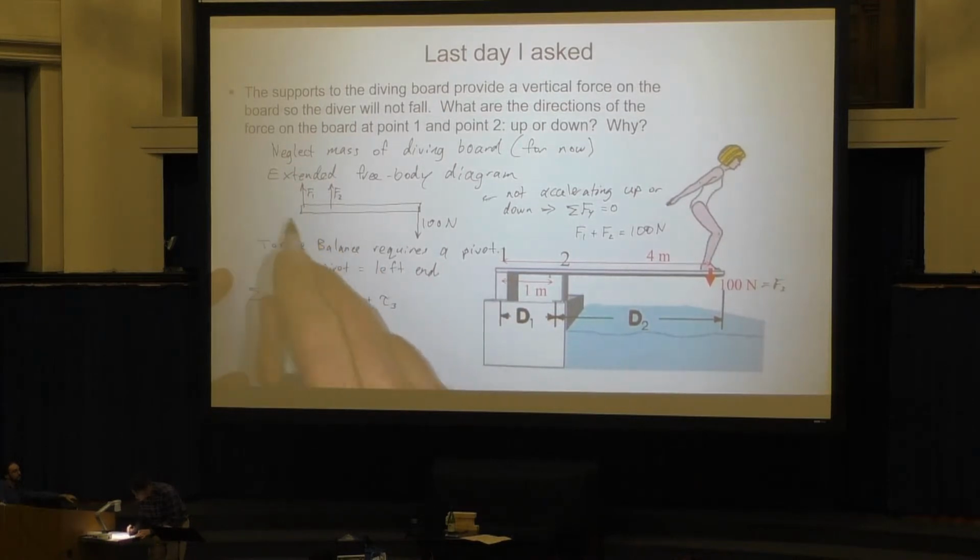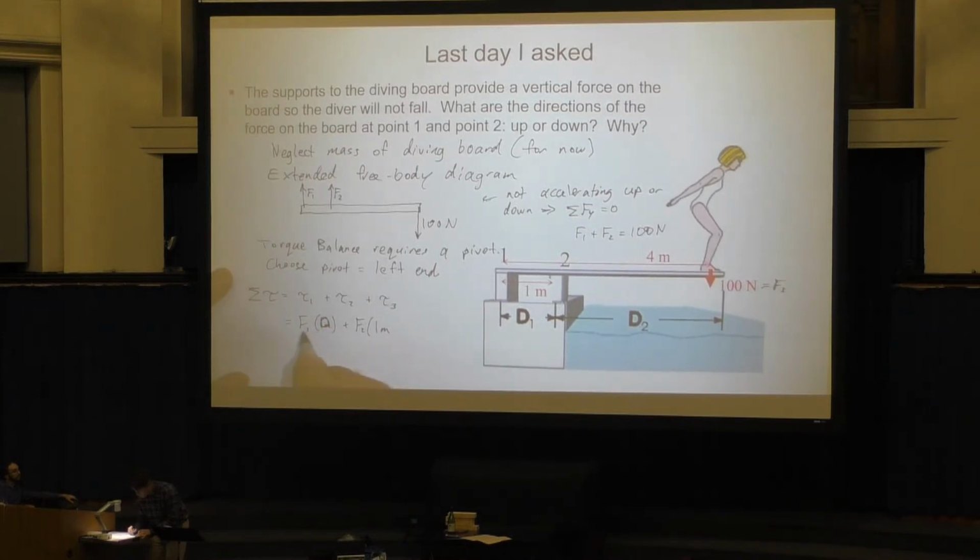So these are going to be counterclockwise, so these will be positive: F1 times 0, that's the distance from F1 to the pivot, plus F2 times 1 meter. 1 meter is the distance from F2 to the pivot. Plus this 100 newtons times 4 meters.